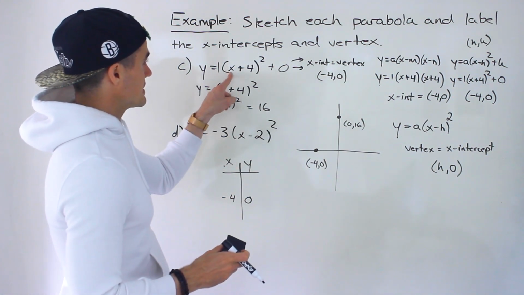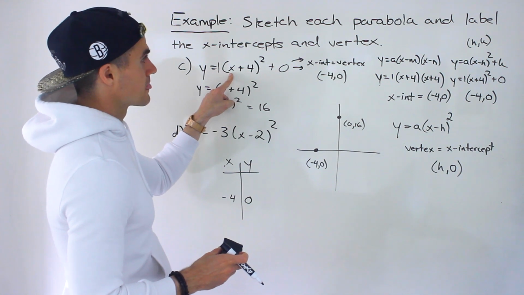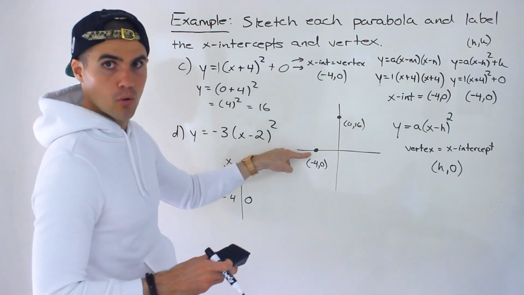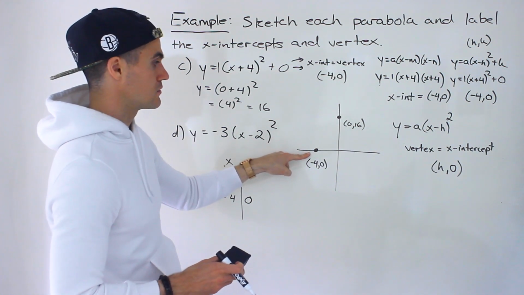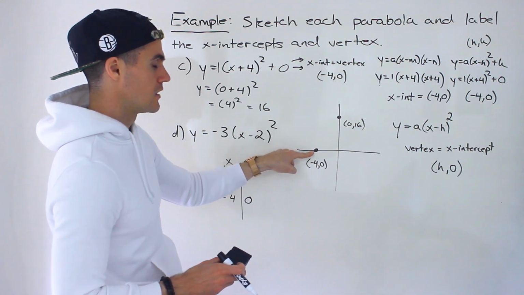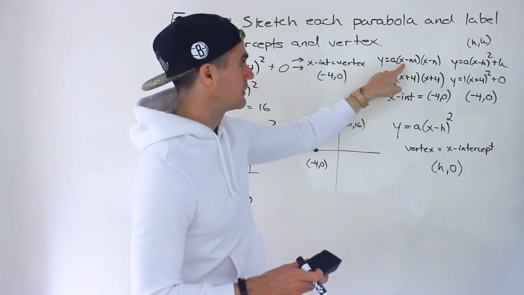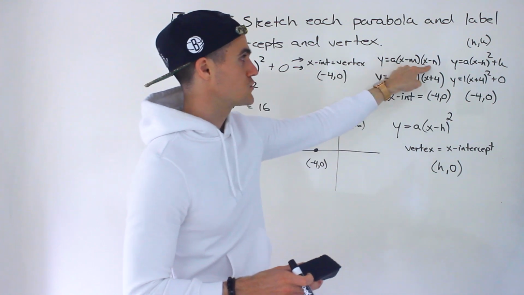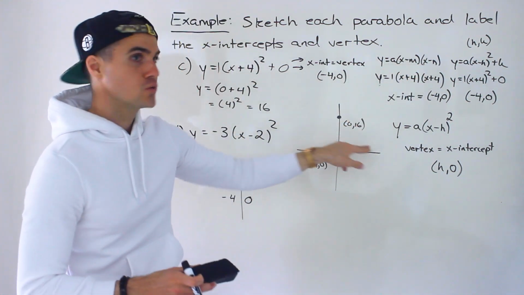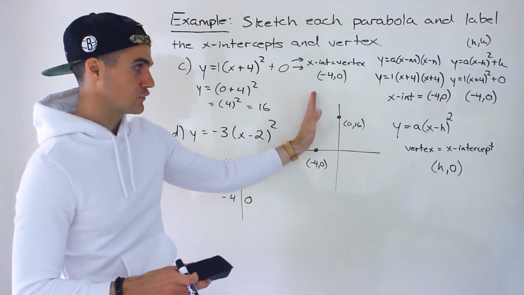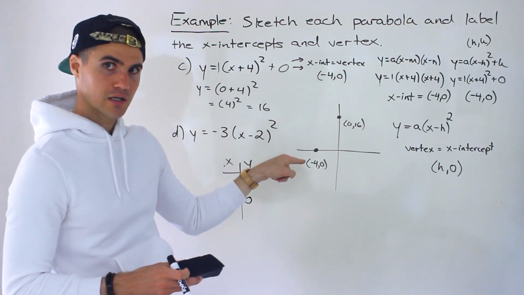See, the problem with this is that we only have one point to deal with, right? Whenever we had full factors and these were different, we were able to get 2 x-intercepts. We were also able to get the vertex, which gave us 3 points to make a nice graph.